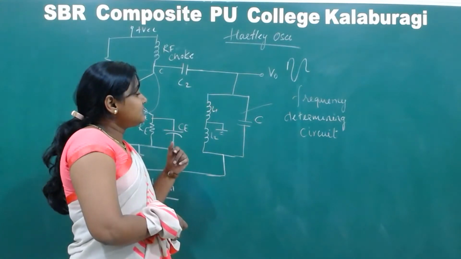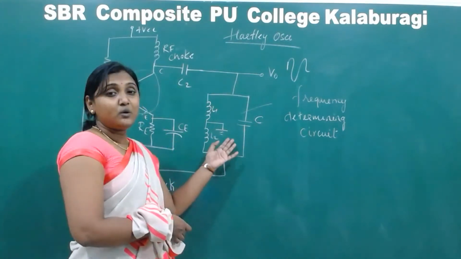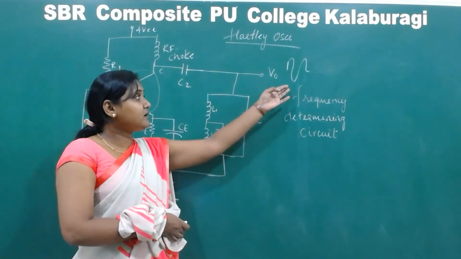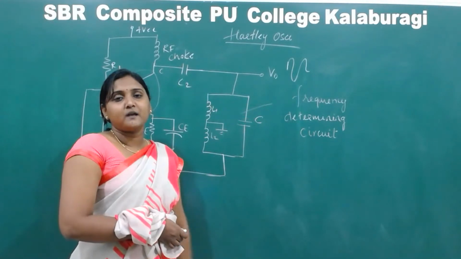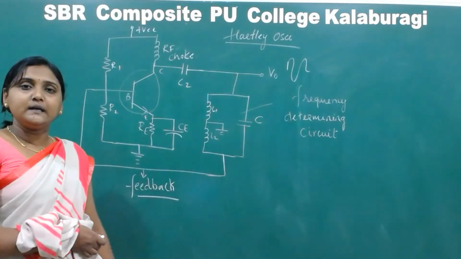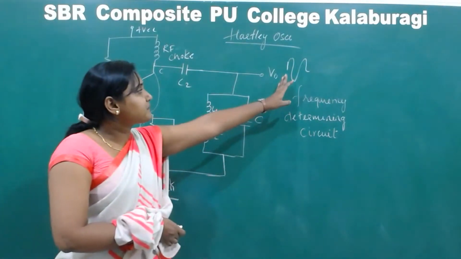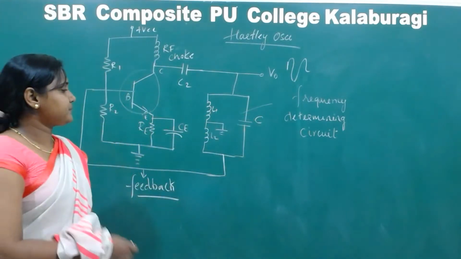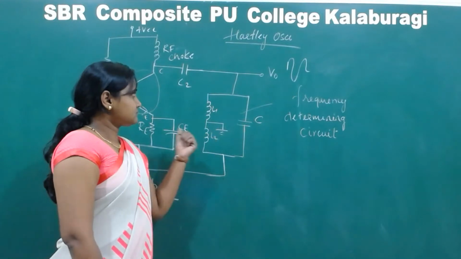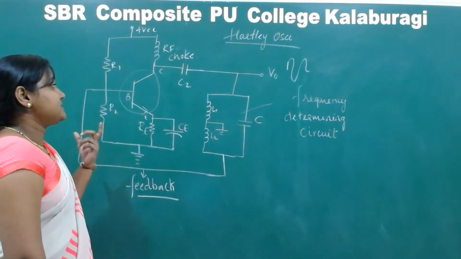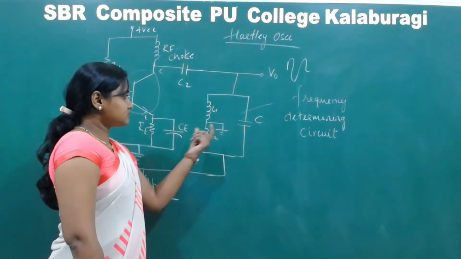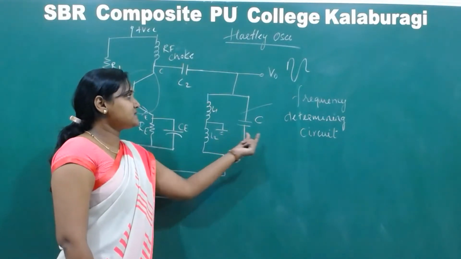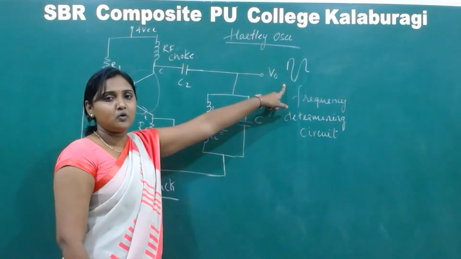The inductors develop a magnetic field, which again collapses and charges the capacitor with opposite polarity, generating a continuously varying AC signal, the output voltage like this. The continuous charging and discharging process of the inductor and capacitor is going to generate this output.